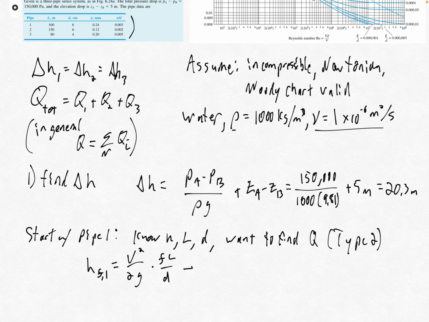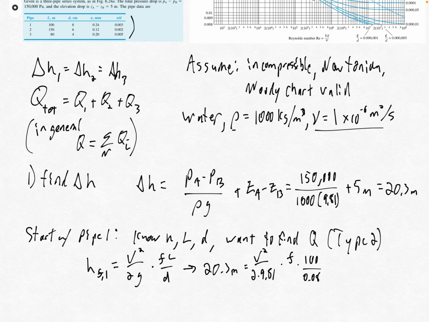So we have 20.3 meters is equal to V squared over 2 times 9.81. I'm going to start omitting units here. We're going to assume that we're working in SI units, times f, that's also an unknown, times the length, which for pipe 1 is 100 meters, over D. And that diameter there is 8 centimeters, so we're going to have 0.08 meters.